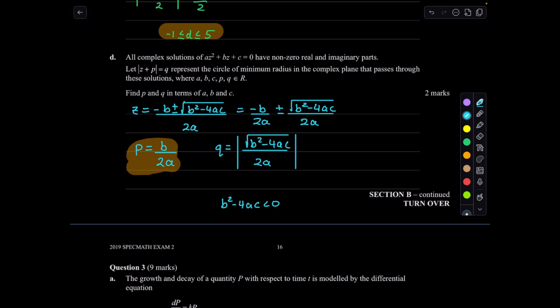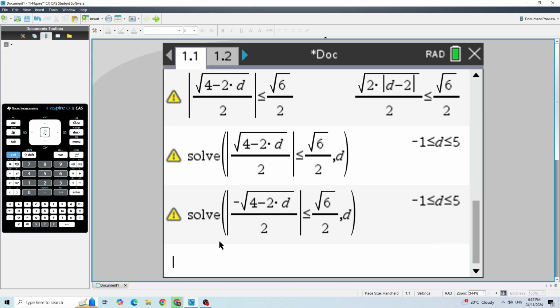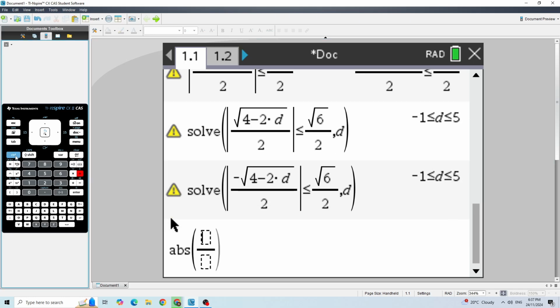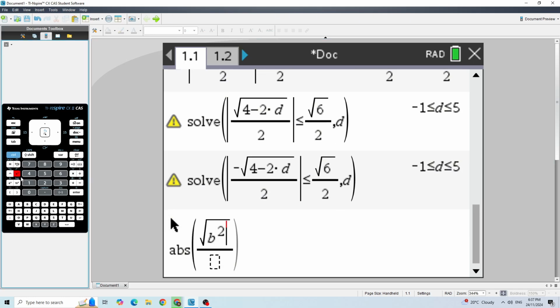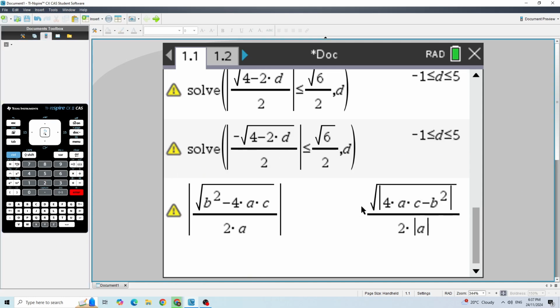So let's see what this simplifies to, that q1. Putting in our CAS, absolute value of the square root of b squared minus 4 times a times c over 2a. And it simplifies to this.